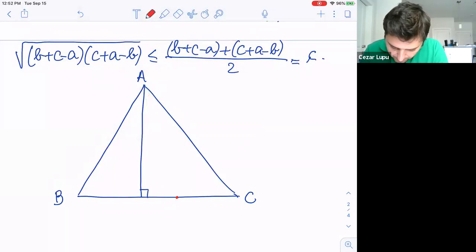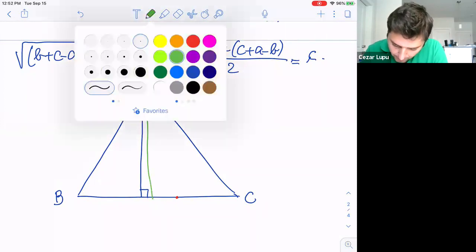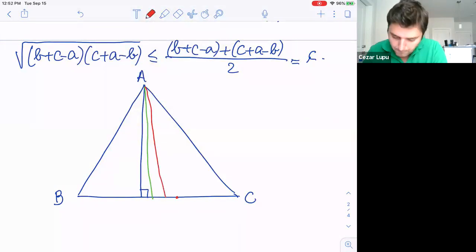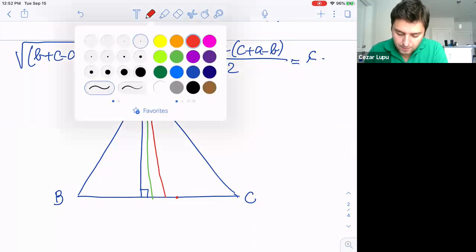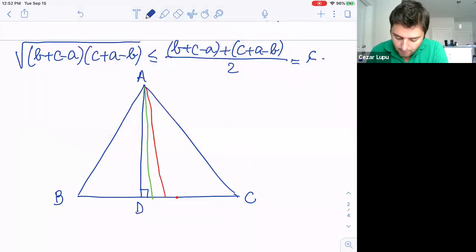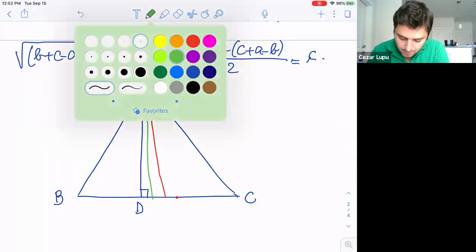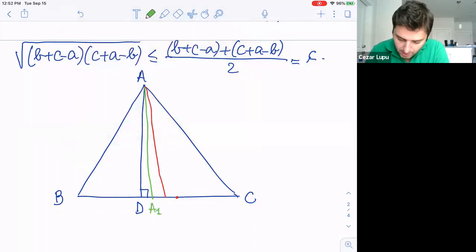Maybe a bit more accurate. And this will be the median here. Let's call the first one D, then this guy A1, and this guy A prime.